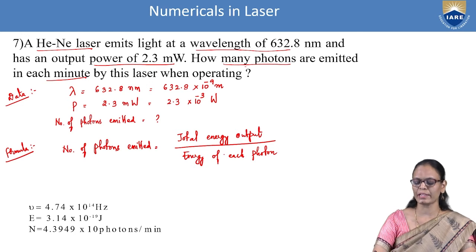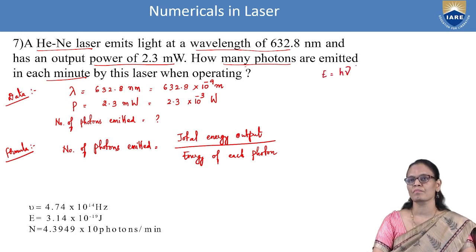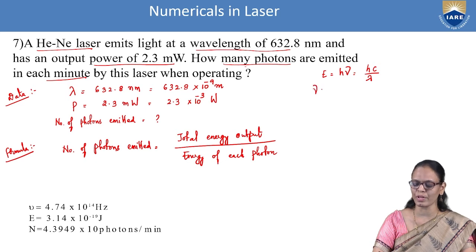So how do we get the energy of the photon? E is equal to h nu. Nu is not given, lambda is given. So we will use hc upon lambda and get the energy. Otherwise we will first find the frequency, nu is equal to c by lambda.